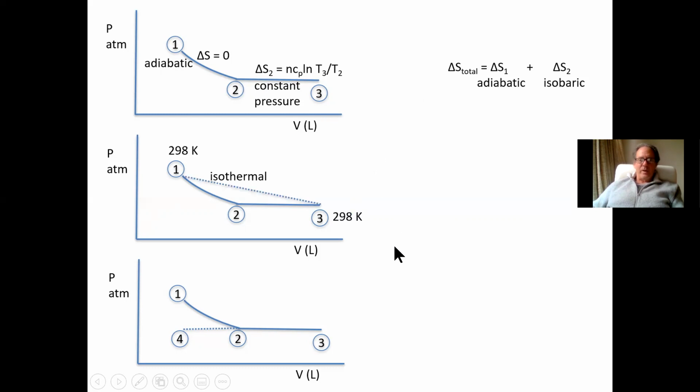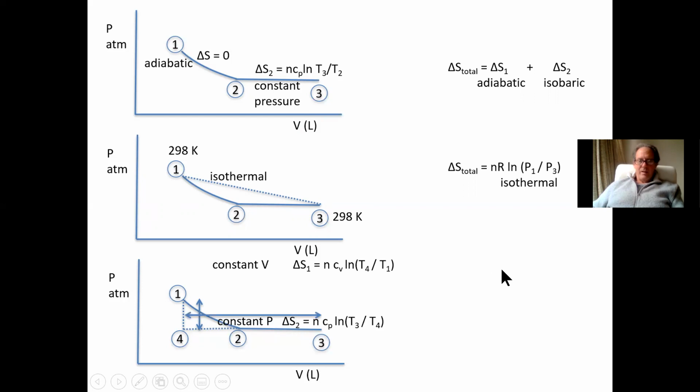The second example we used was an isothermal change. So we calculated it directly isothermally, figuring out P1, P3. One of them wasn't given. And the third way we did it was to perform a change where there was no change in volume, isochoric, and an isobaric change from 4 to 3.